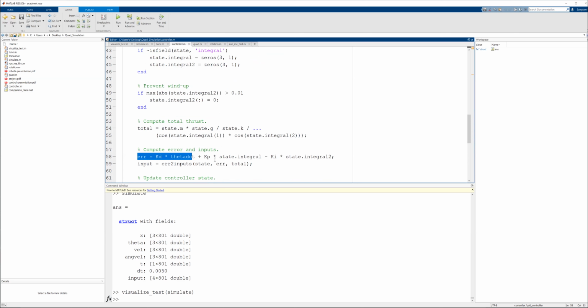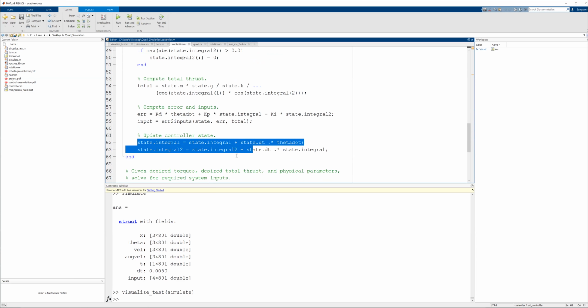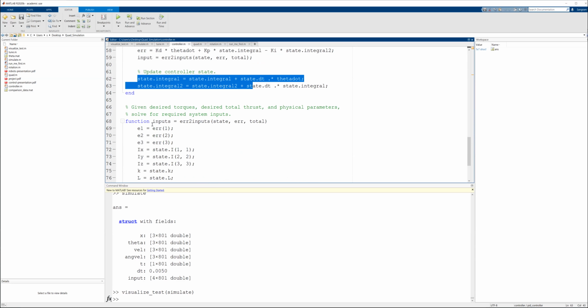Then same thing, find the error and find the input, and then update the input state. Then you have to find out error to inputs, which is state, error, and total. Please note that's going to give you E1, E2, E3. These are the three errors in three angles.